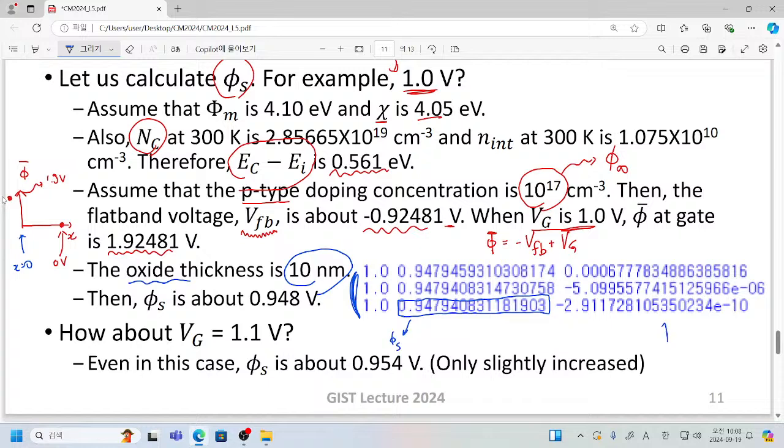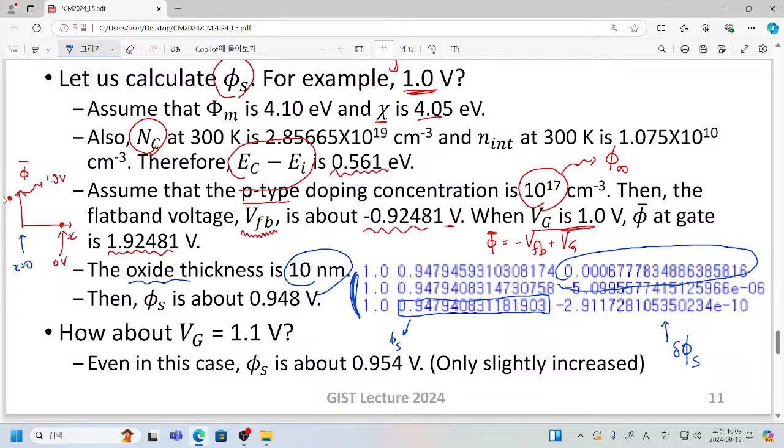What is this third column? It just shows the update of our surface potential. Maybe you may ask why your very first delta phi value is so small, less than 1 millivolt. It is because I did not jump into the 1.0 volt case directly.